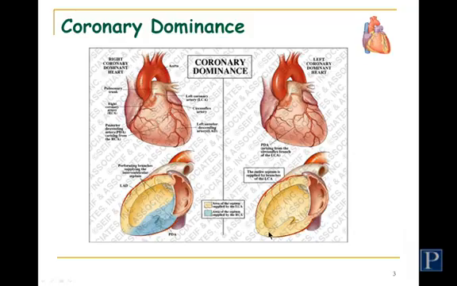And then over here, in the left coronary dominant heart, the entire septum is supplied by branches of the left coronary artery. So if you have a block, or complete block, of the left coronary artery, then this is usually a fatal event because you lose all of the septum, which is not a good thing. So it's probably good that most people do not have a left coronary dominant heart.